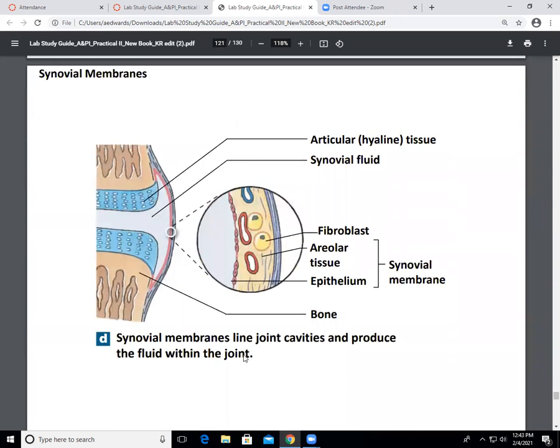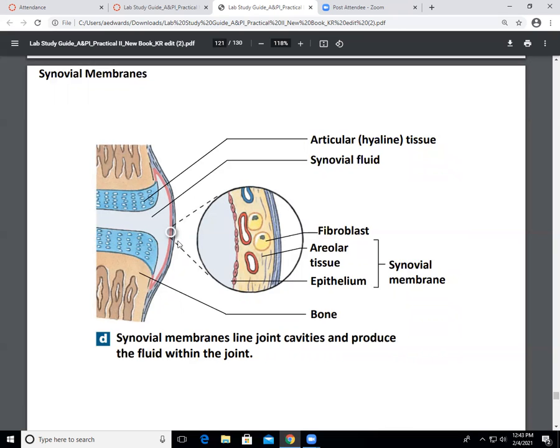Okay, fourth type of membrane, synovial. All right, so synovial membranes are going to line your joint cavities to produce fluid inside that joint. So here's your synovial fluid in here. The knee joint is a great example of a synovial joint.